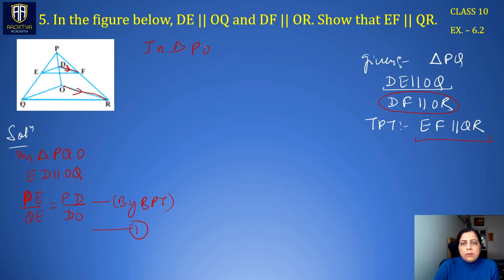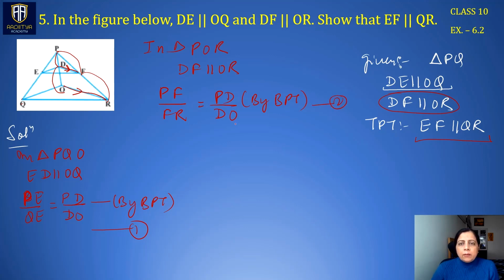In triangle POR, first write DF is parallel to OR. Therefore, PF upon FR is equal to PD upon DO by BPT. I hope this is clear. Let this be equation 2.